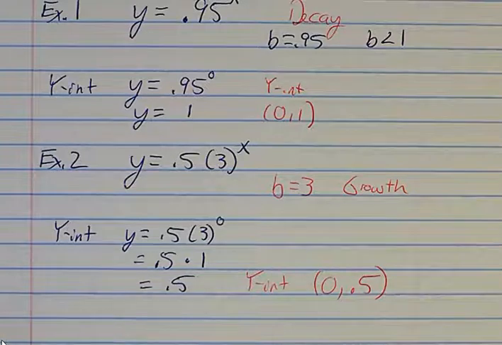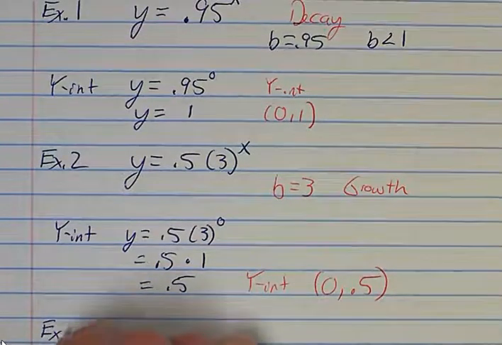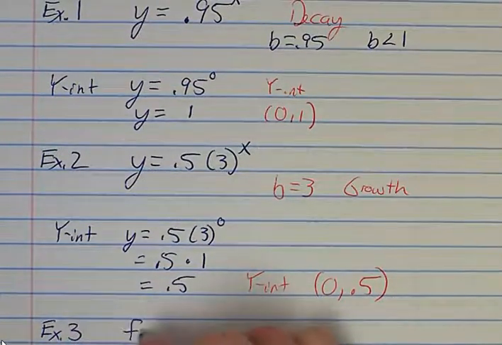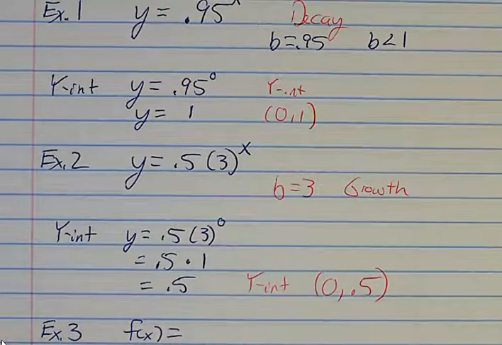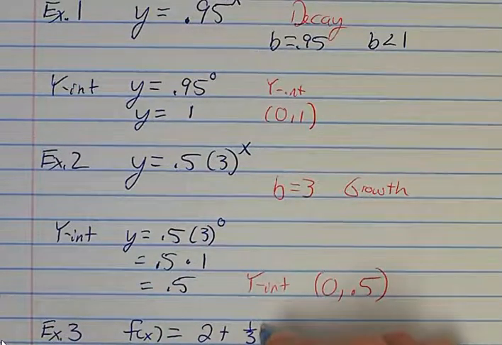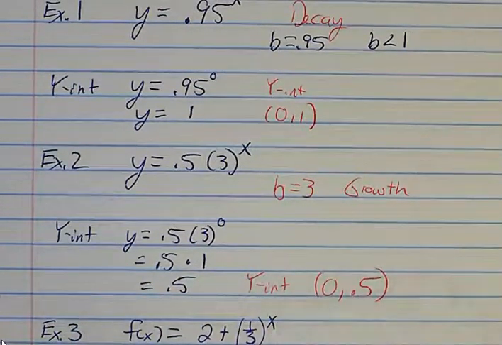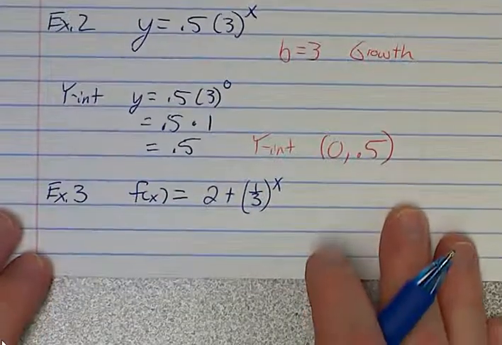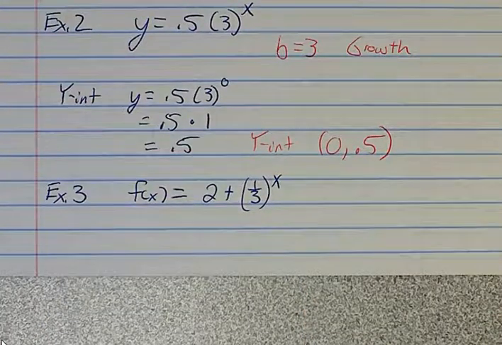Alright, let's give you a couple more of these, just to make sure we got it. Alright, so this one, for example 3, let's go 2 plus 1/3 to the x power.